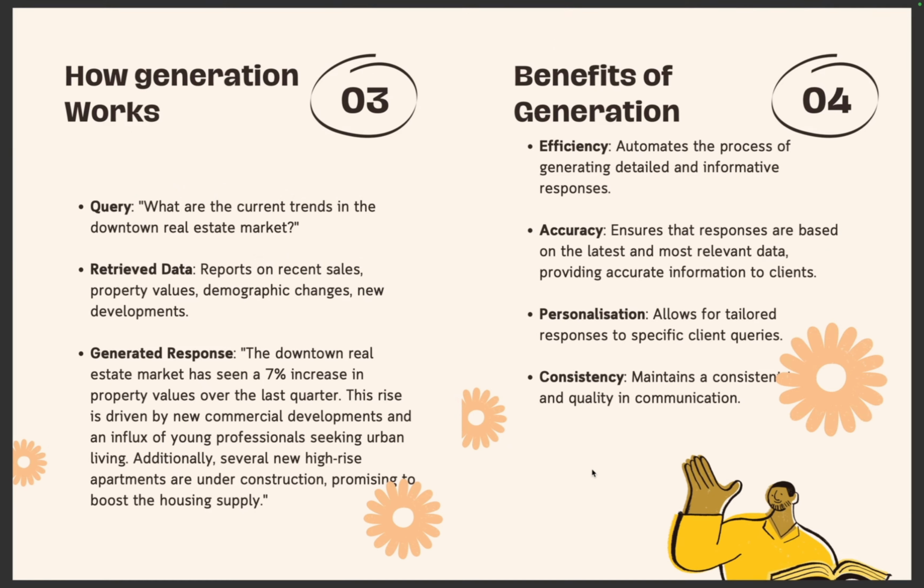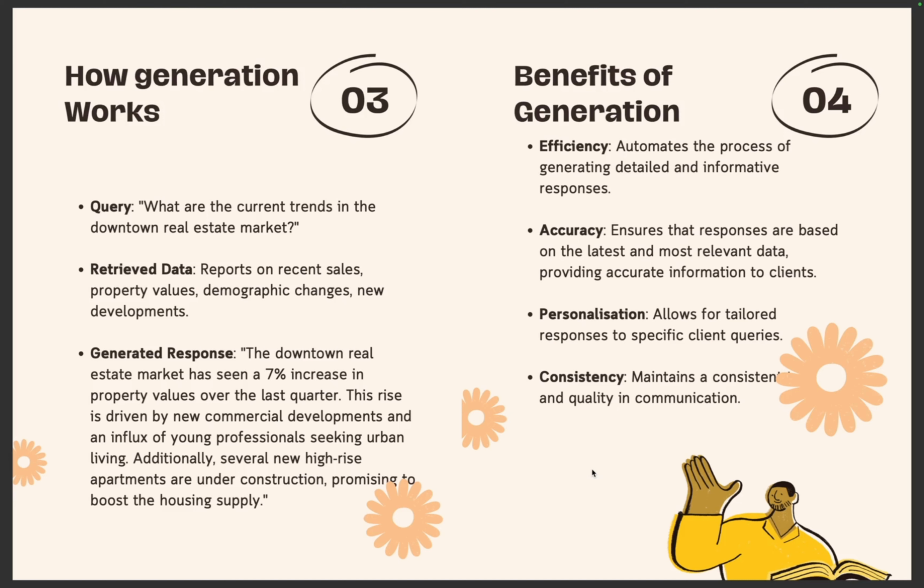So the retrieval is essentially querying a database to get information back. The generation is taking that information that's been retrieved and converting it into a nicely laid out text or paragraph. So what are the benefits of generation? One is efficiency. When the questions are asked, everything is automated. The checking of documentation is automated, and the conversion of that document information into natural language is all automated.